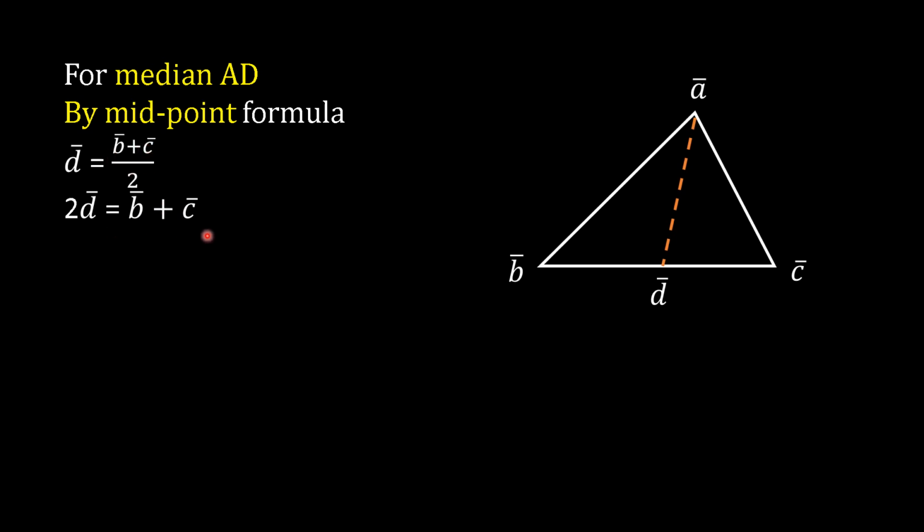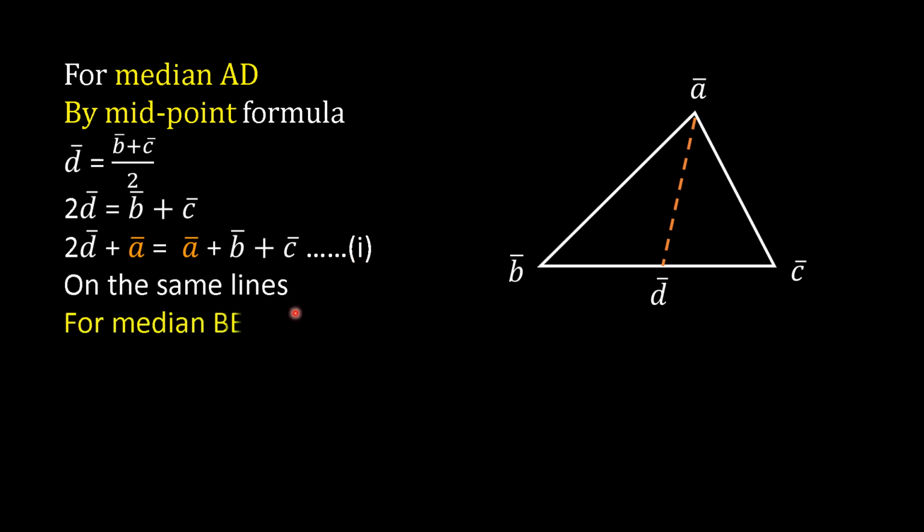There is A bar lacking on the right hand side, so we will add A bar on both the sides and write 2D bar plus A bar equals A bar plus B bar plus C bar. We name this equation 1.